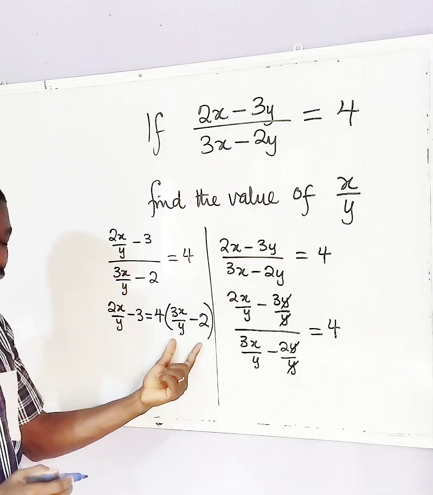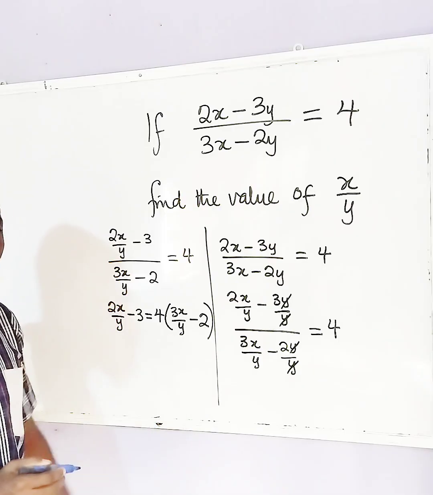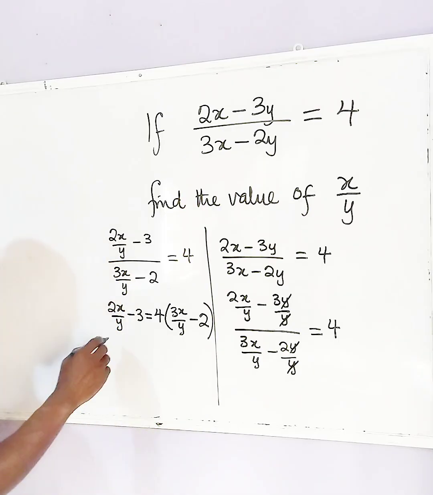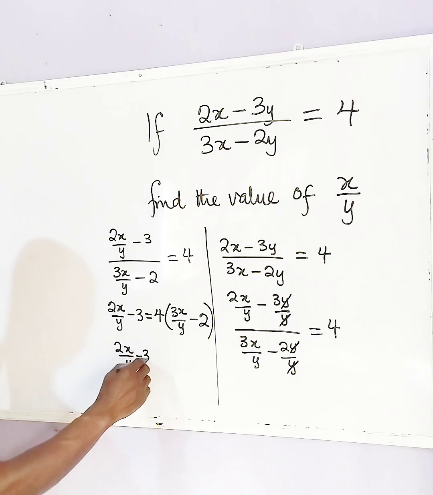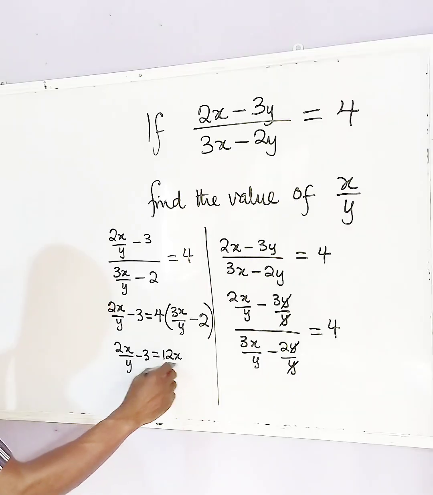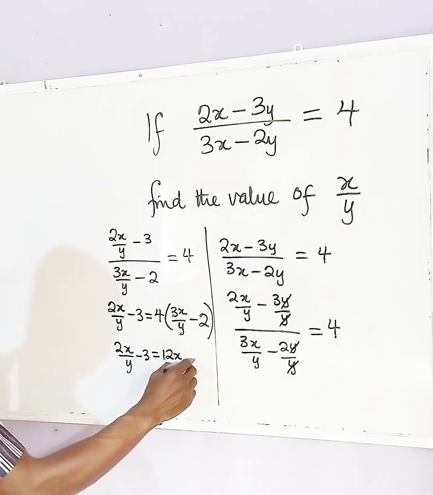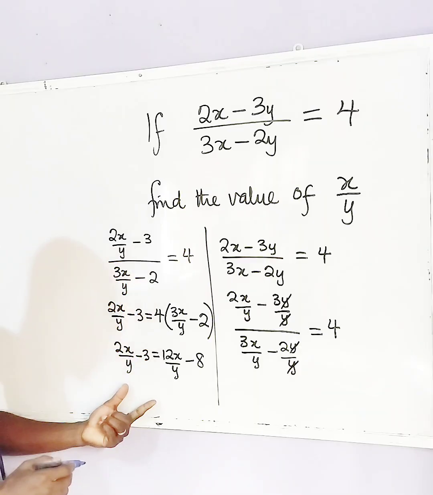Now when we expand, opening the bracket, we distribute 4 over every term in the bracket. So here we have 2x over y minus 3, and this gives us 12x over y, then minus 8.